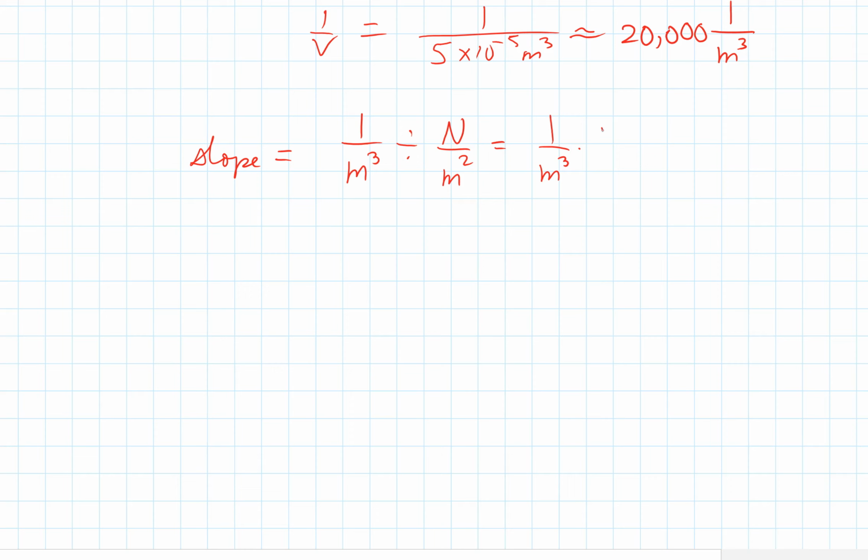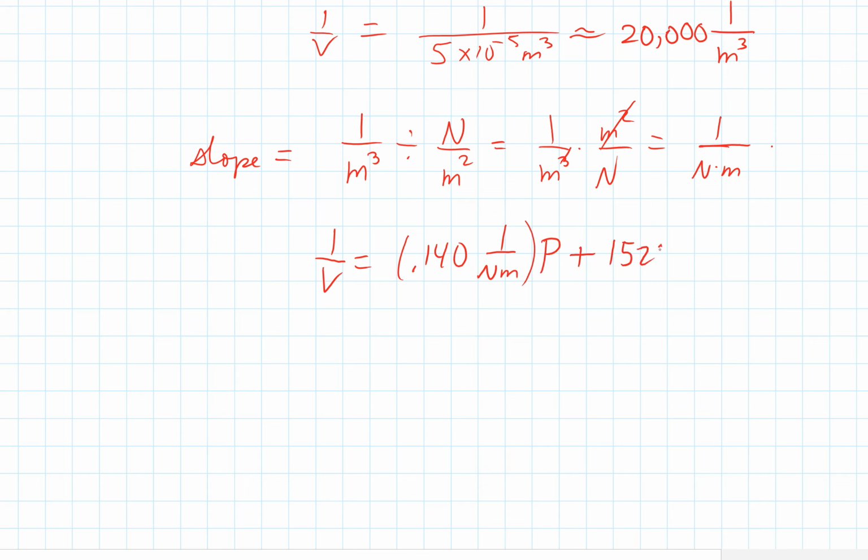So you have to flip it. That's 1 over newtons times meters. Okay, so that means that the slope of our graph, so 1 over V is equal to 0.140, 1 over Newton meters times pressure plus 15,200, 1 over meters cubed.